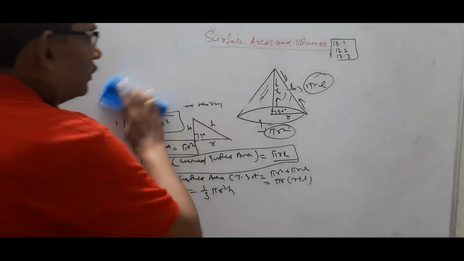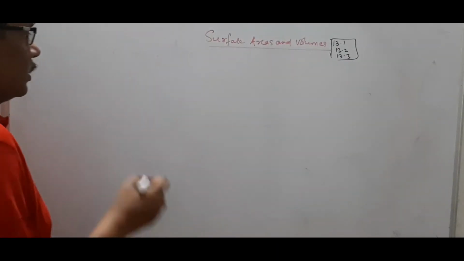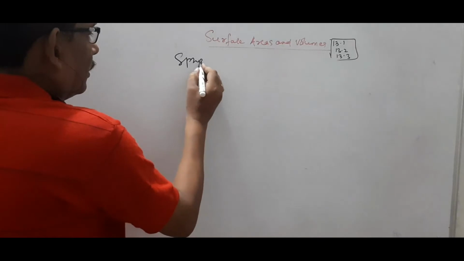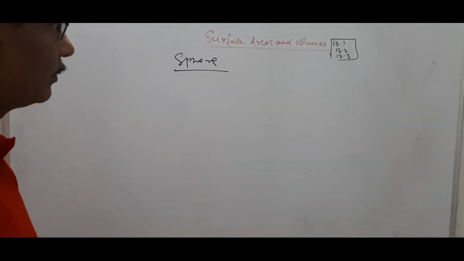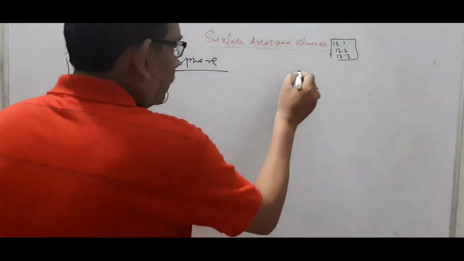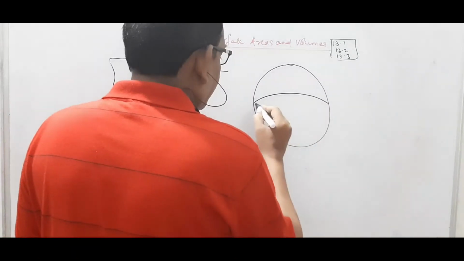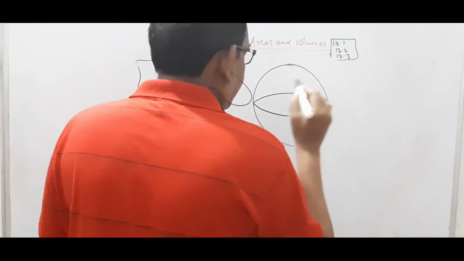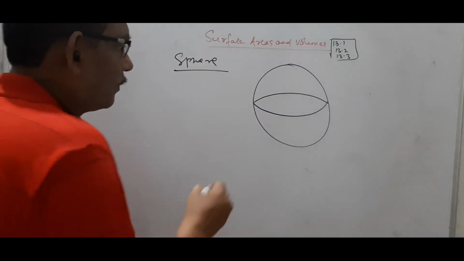Next is your sphere. All are your 3D bodies, 3-dimensional solids. The common example of a sphere is a spherical ball.